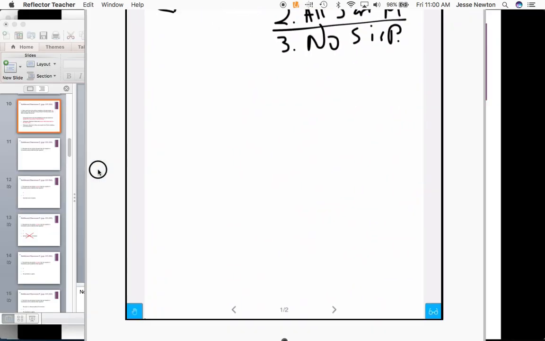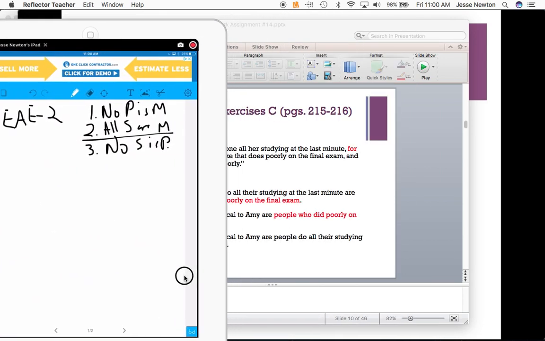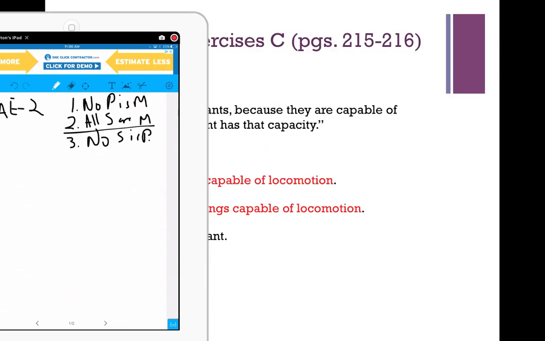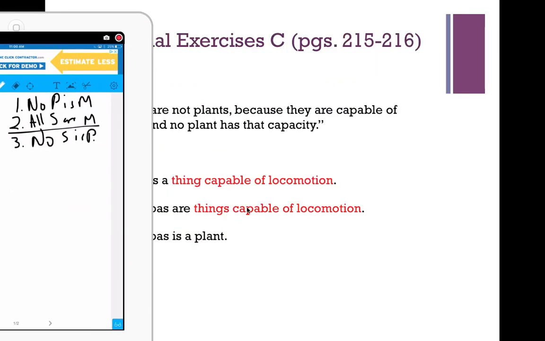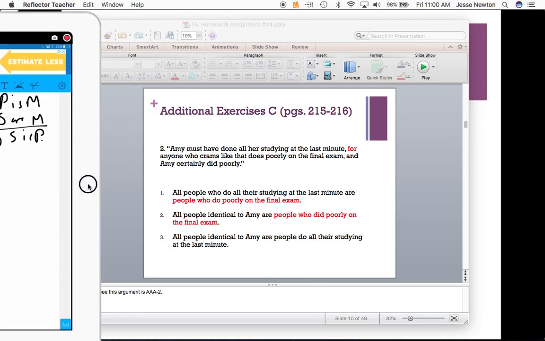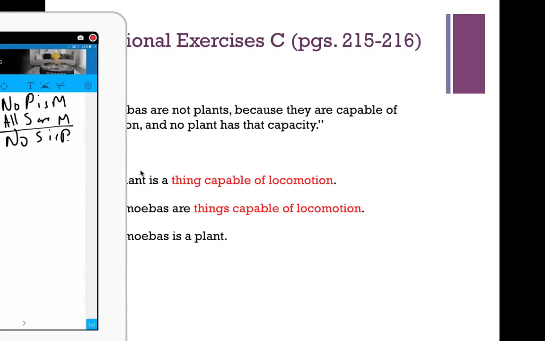Oh goodness. Is that what we have here? Let's look at this. Man, I'm really struggling, aren't I? I was going to double check it, but I can't get all the screens to fit on here. No P is M. Yep.